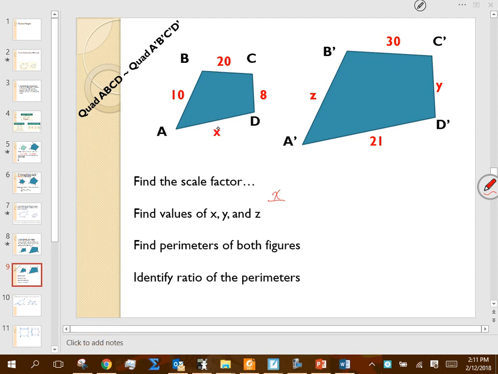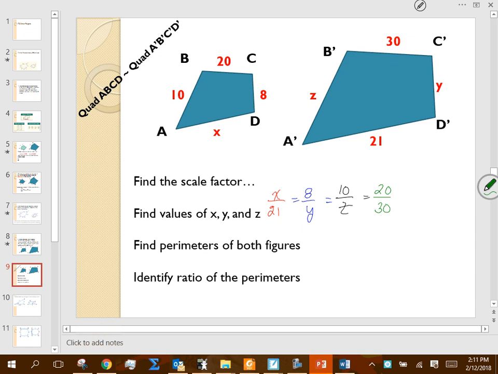What side would X correspond to? 21, right? What would you compare 8 to? Y. What would you compare 10 to? Z. And what would you compare then 20 to? 30. Those things should all be equal.